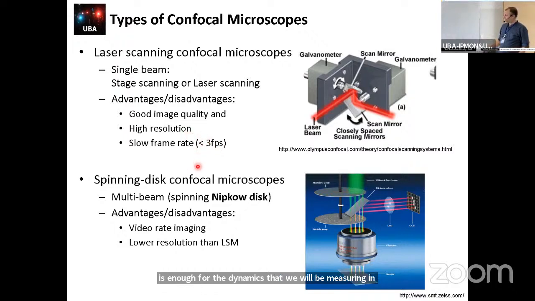And another alternative is the spinning disc, which is based on this Nipkow disc, in which we have many, many pinholes, and we can put this in front of our camera, and we will collect information from many, many pinholes with an array which is in a camera.